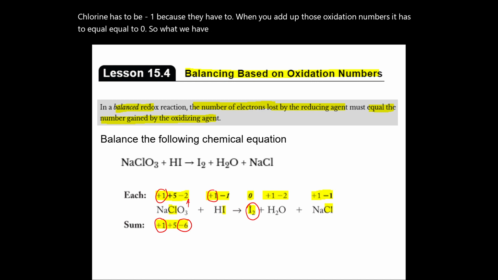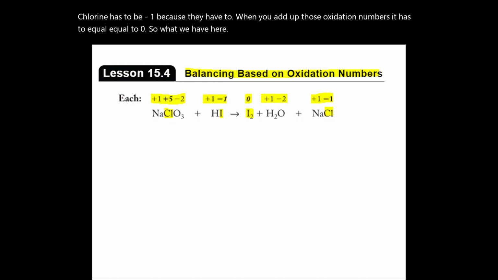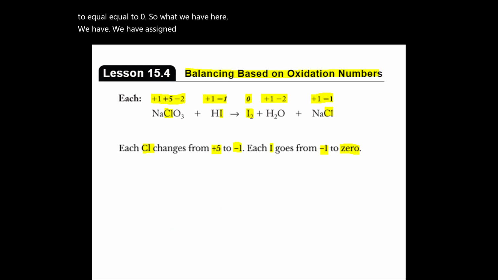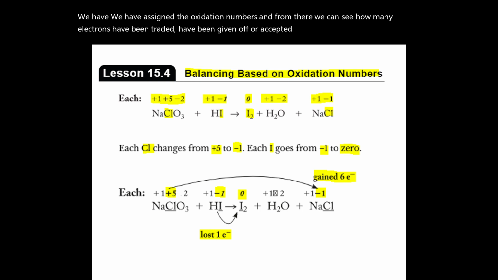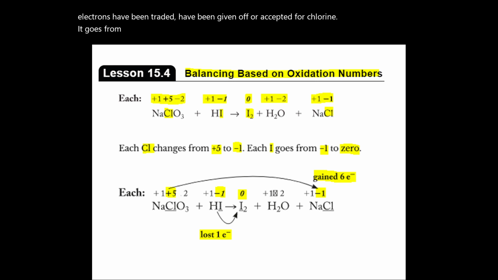So we have assigned the oxidation numbers, and from there we can see how many electrons have been given off or accepted. For chlorine, it goes from +5 to -1, so that is what? It's reduction. Reduction is gain of electrons.